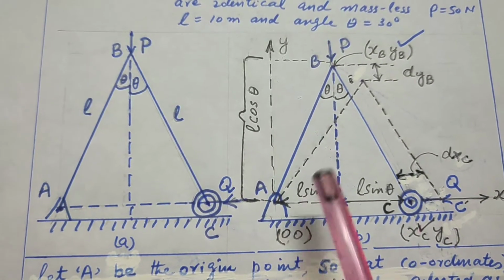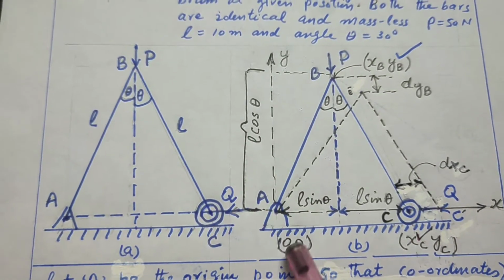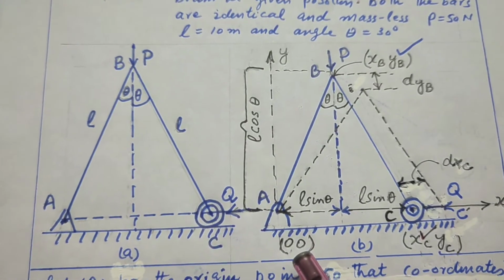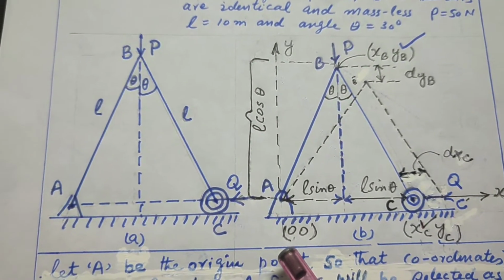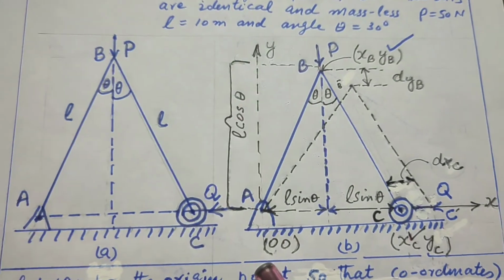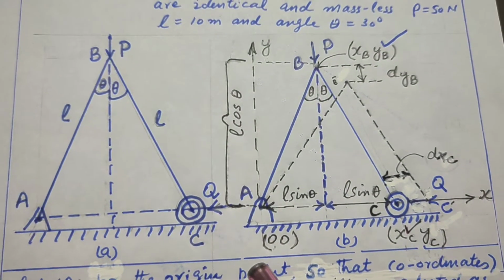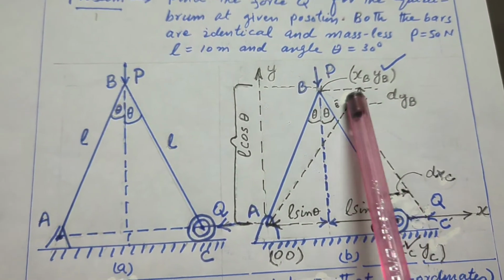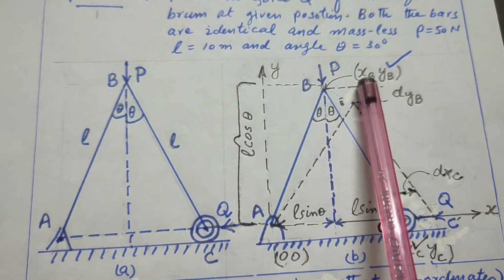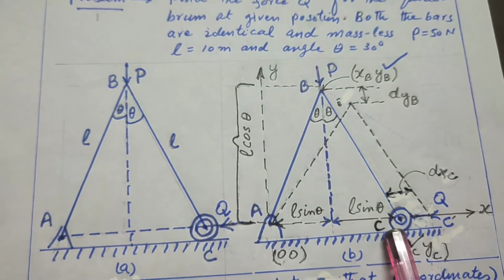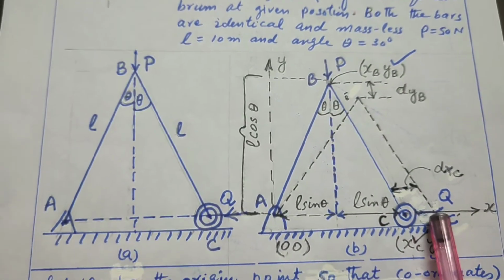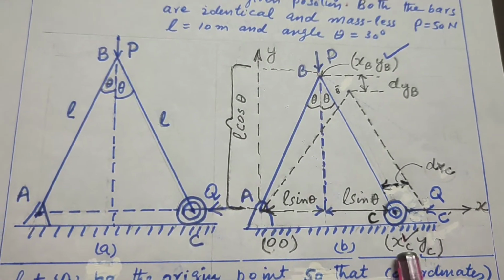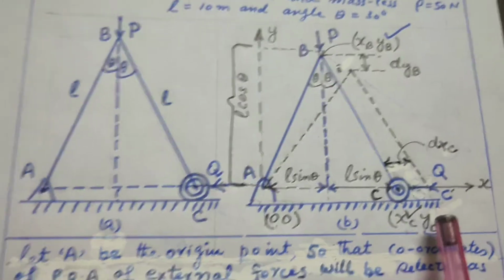Point A is a fixed point, and its coordinate is 0, 0. The second step is to mark the coordinates of the points of application of all external forces. The coordinate of point B is XB, YB, and the coordinate of point C, where force Q acts, is XC, YC.